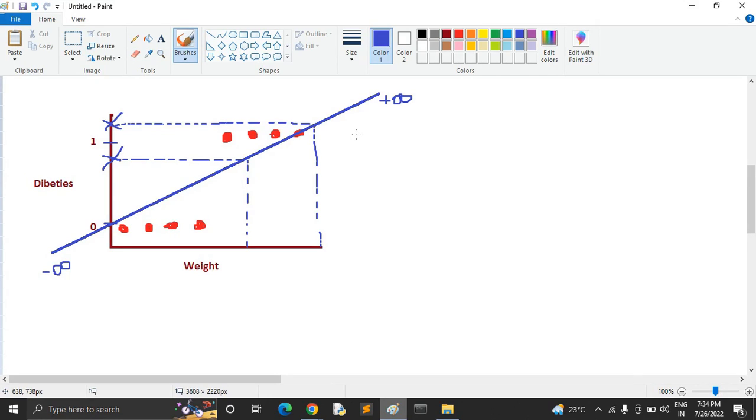We don't want the range of minus infinity to plus infinity. We are here to solve the classification problem. So we need to limit the value of this regression line. So how to do that, guys? What is the equation, what is the formula by which we got this line?